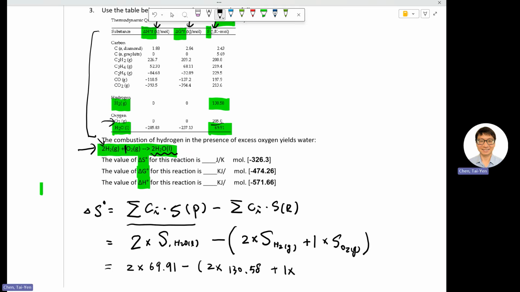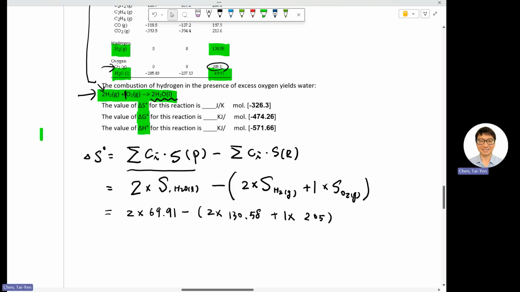O2 is here, so use this number, 205. Once you do that, you find your entropy will be negative 326.3 joules per K per mole.